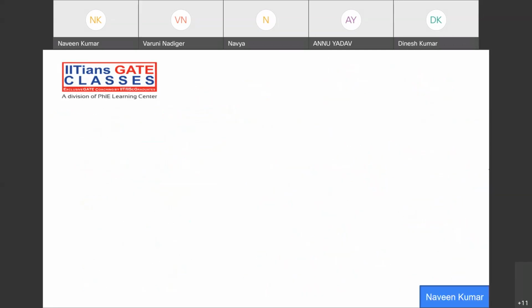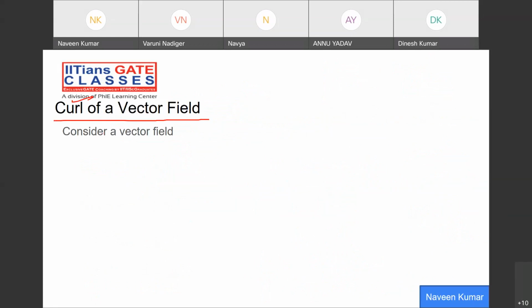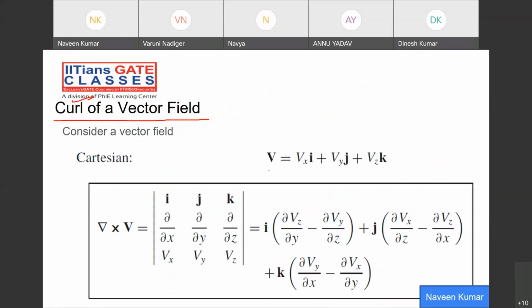Now we will discuss the curl of a vector field. If you take the cross product of the del operator with a vector field, del cross V, this is the curl of V. The vector field is velocity.